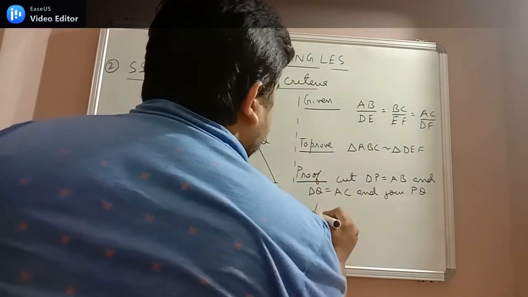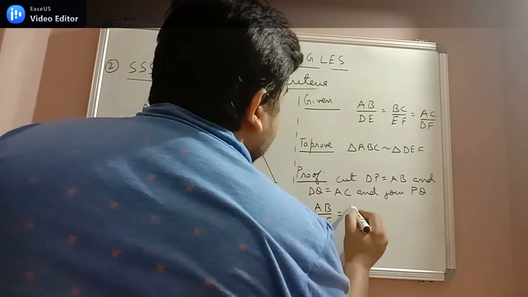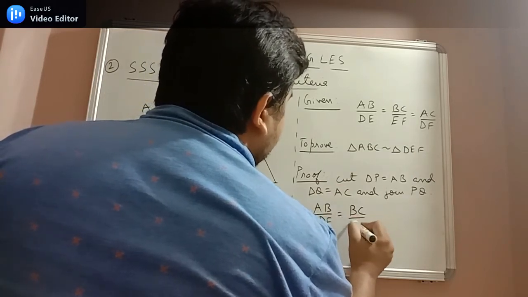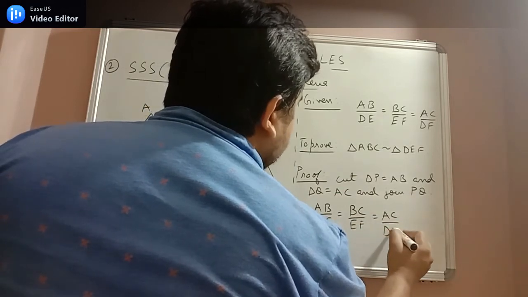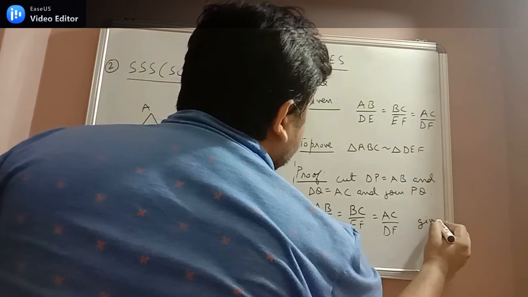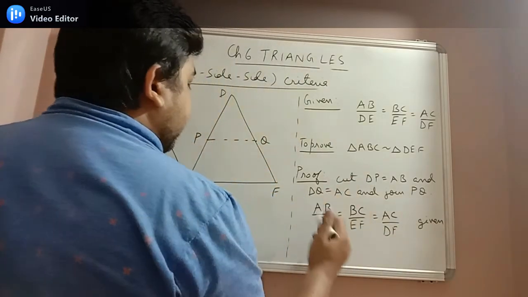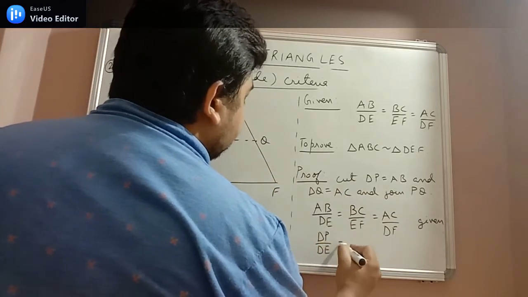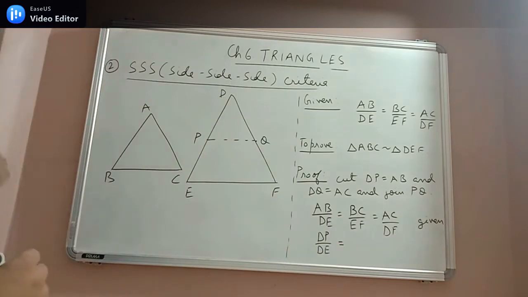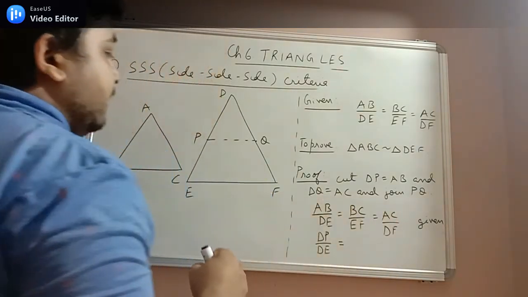Now we already have AB upon DE equal to BC upon EF equal to AC upon DF. This is already given. So I can write down, instead of AB I can write DP. So DP upon DE is equals to, and instead of AC I can write down DQ.